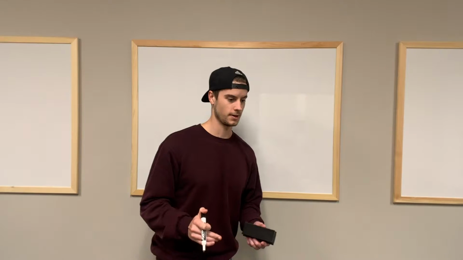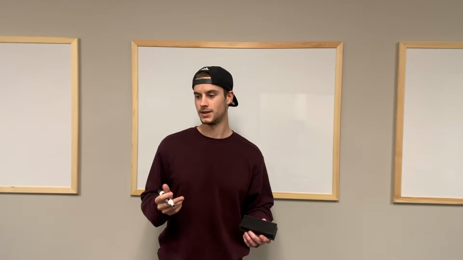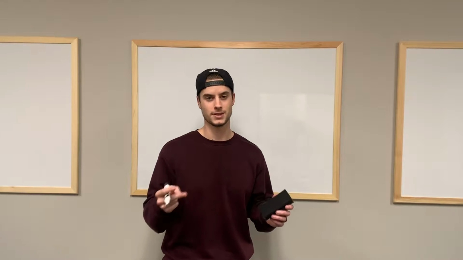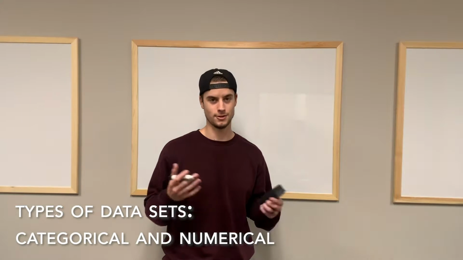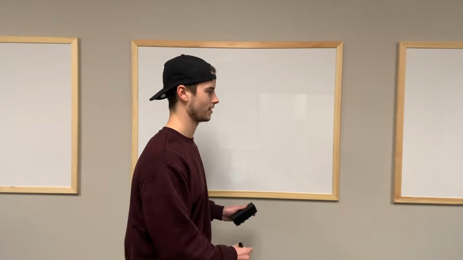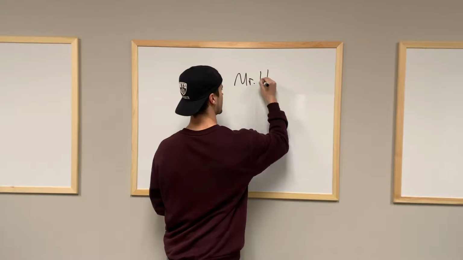And so what are we doing with them, right? There are mainly two different types of data, and that's categorical data and numerical data, okay? Categorical data, pretty self-explanatory, right? What's my name? Excuse the handwriting, okay?